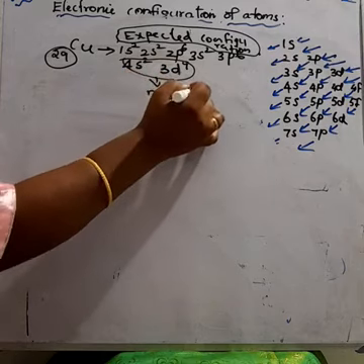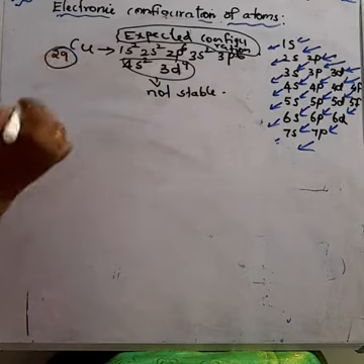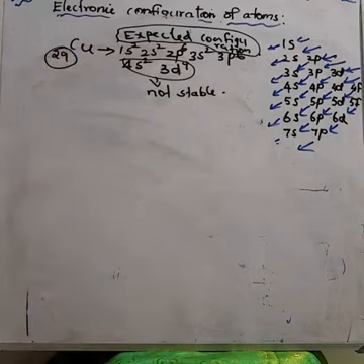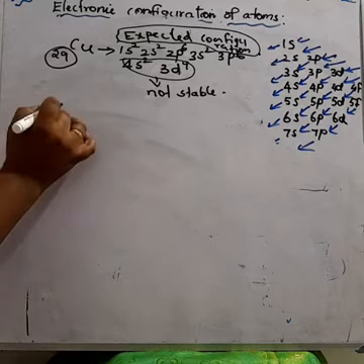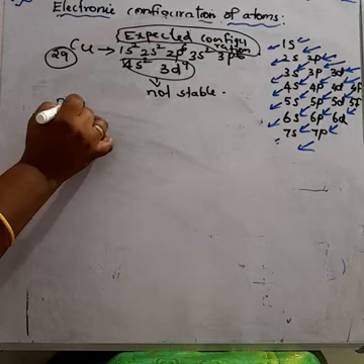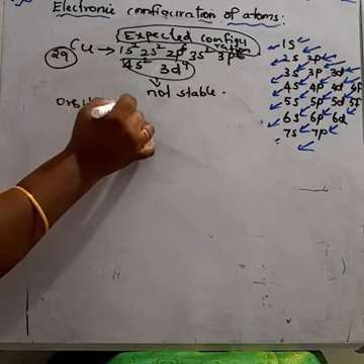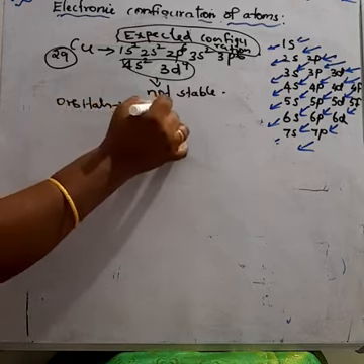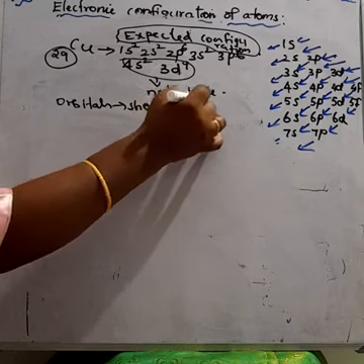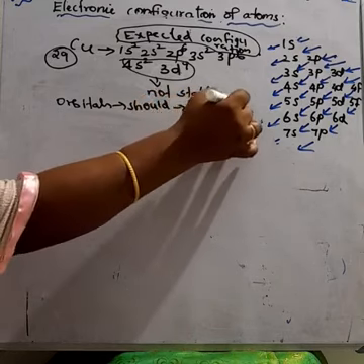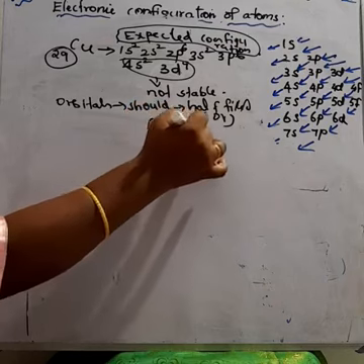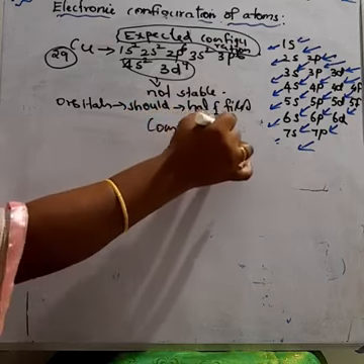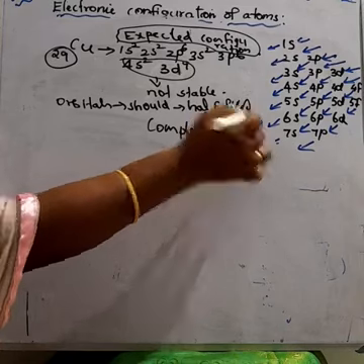It is explained by the rule of half-filled or completely filled orbitals. What does this rule say? The orbitals tend to become half-filled or completely filled, since such orbitals are more stable than other orbitals. For chromium, the actual configuration is more stable than the expected configuration.